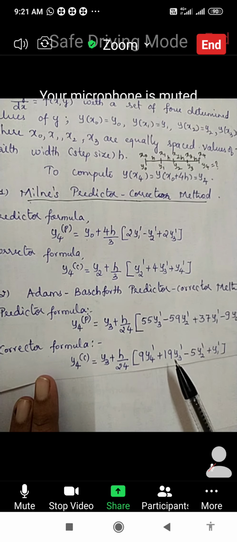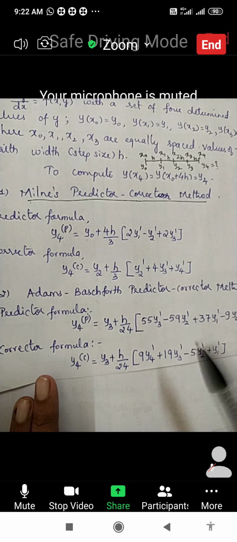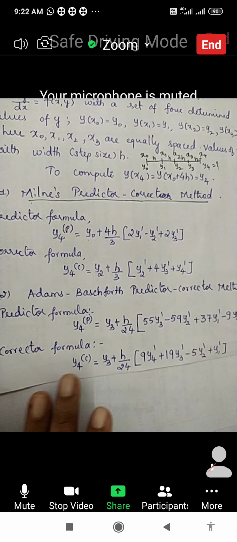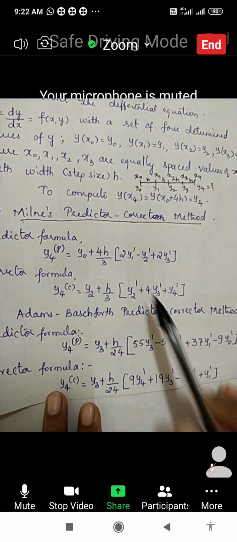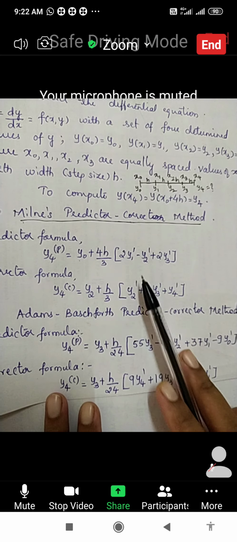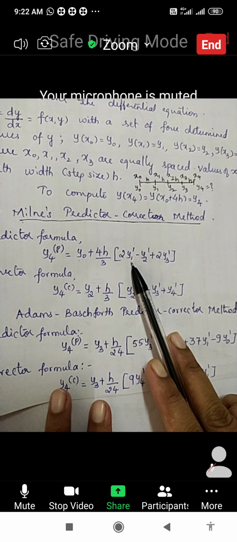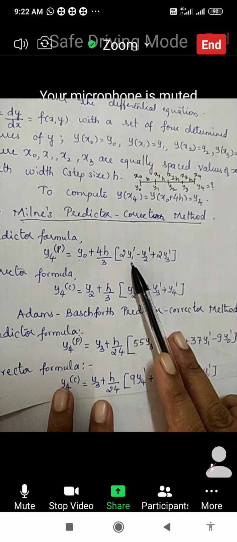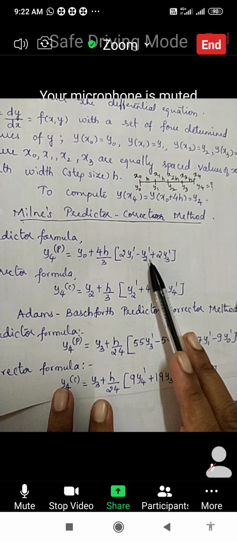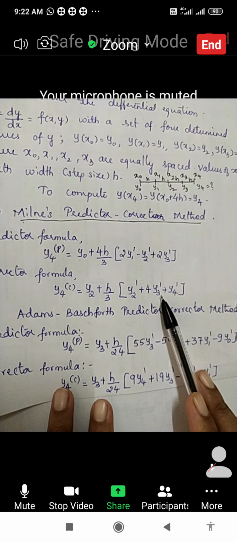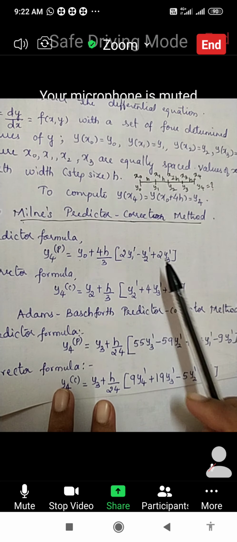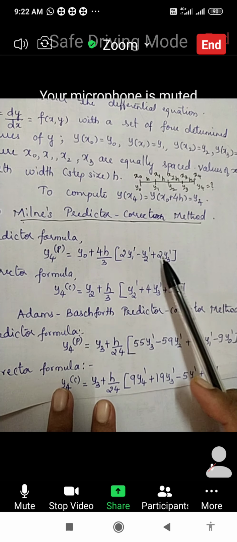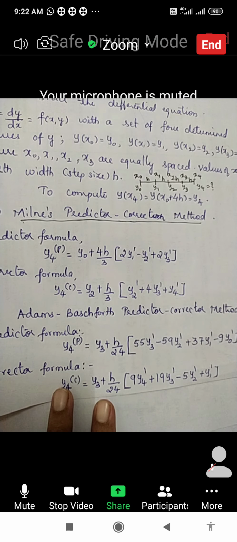Here is a trick to remember these, because the coefficients are not easy. In Milne's method, the subscripts in the bracket are in increasing order: 1, 2, 3 in the predictor and 2, 3, 4 in the corrector, with coefficients 2, minus 1, 2 and 1, 4, 1.